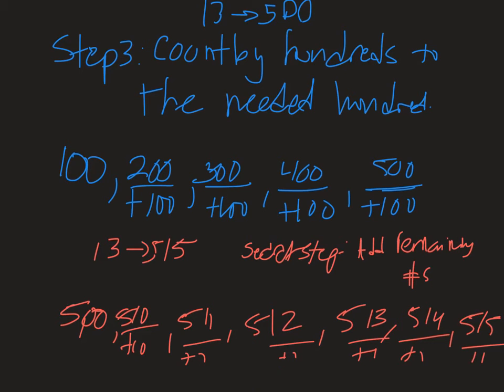So what would this look like as a whole number line piece? Well, let's go ahead and open up a blank sheet. So we're going to count from 13 to 500. Well, we're starting here at 13.